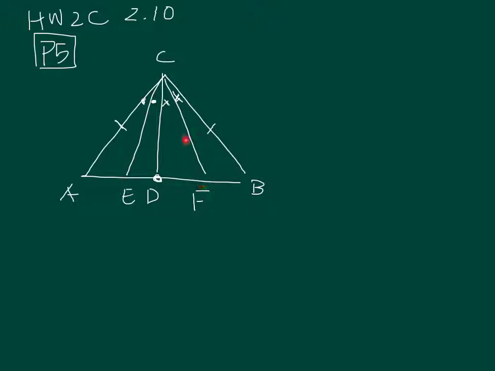So I would suggest to prove triangle CED is congruent to CFD first, and then by CPCTC, CE is congruent to CF, so that we can have another one of the triplets. So that's the hint.